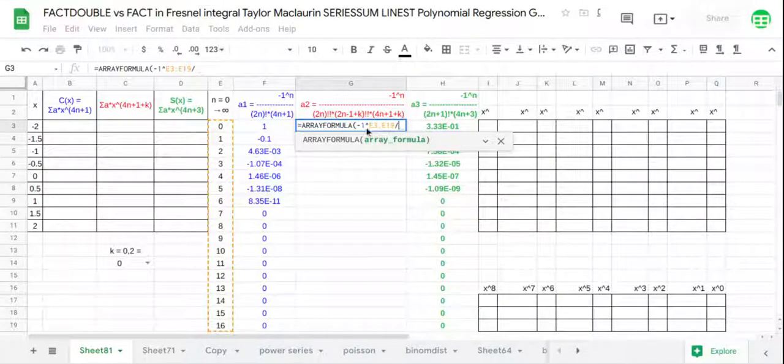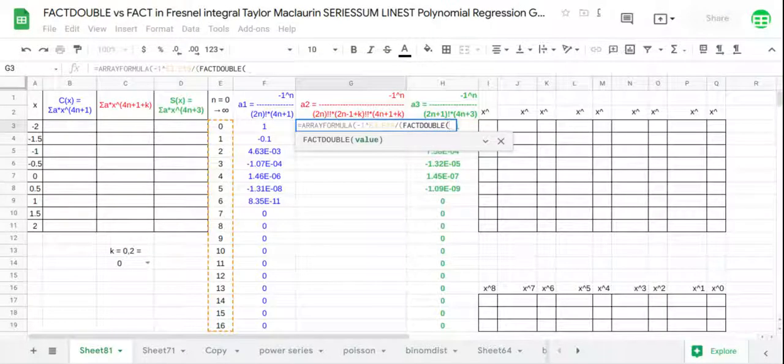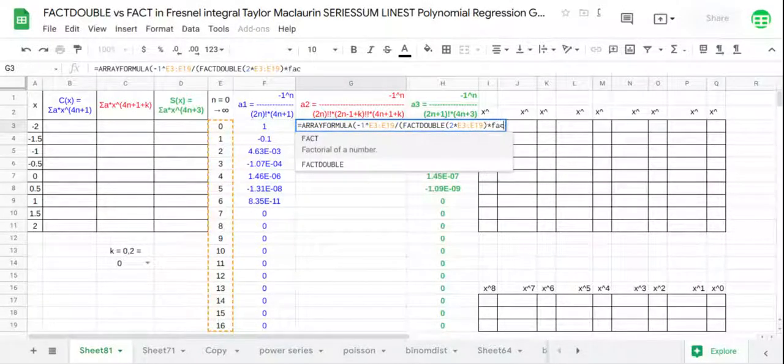The denominator has three parts: double factorial 2n, double factorial 2n minus 1 plus k, and the third part is the quantity 4n plus 1 plus k. So let's start with the first part, double factorial 2 times n.